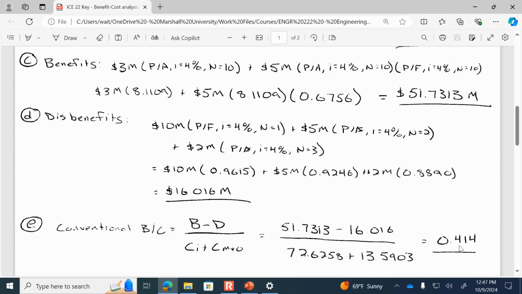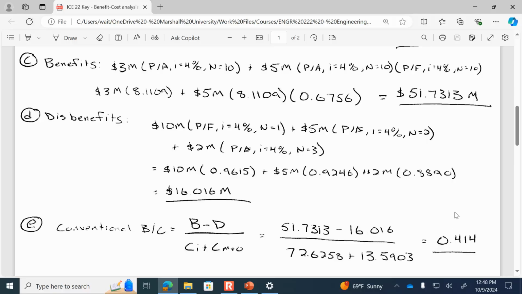A ratio, you can think of it as how many dollars or cents of benefits are being delivered for every dollar of cost. So if the denominator is 1, then the numerator of the ratio represents how much value is being delivered for every dollar. It's like you're spending $1, but you're only getting 41 cents back. So it's not a good investment.